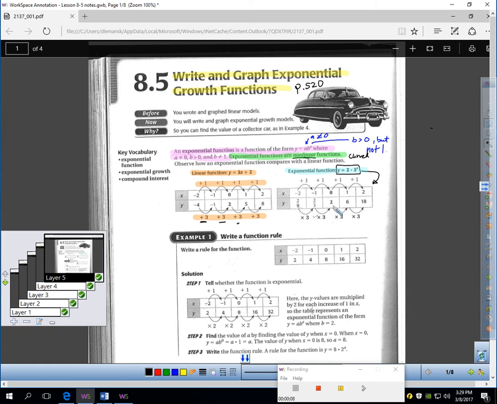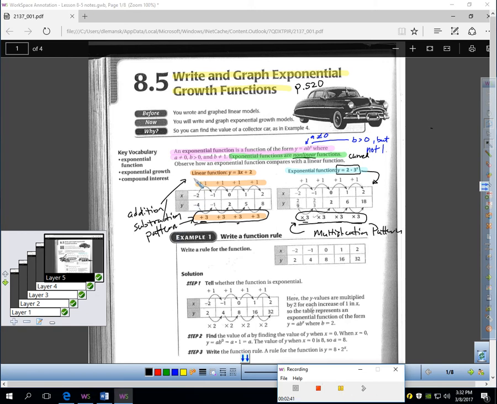We're timesing by 3 to get from one to the next for every one we add. So I guess the big difference between a linear and exponential function is that a linear function, you can see in the table, has an addition or subtraction pattern. This is an addition pattern, where an exponential function has a multiplication pattern. That's the big difference between the two.